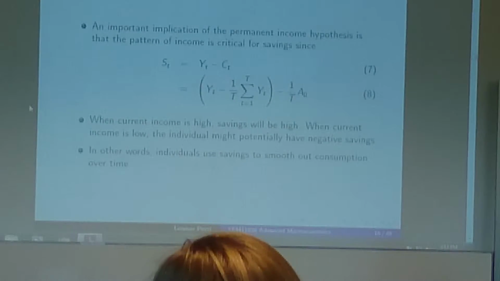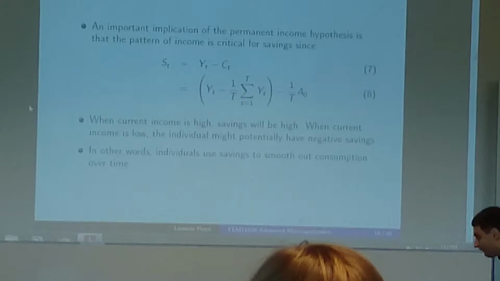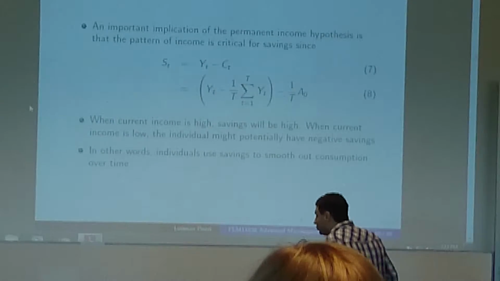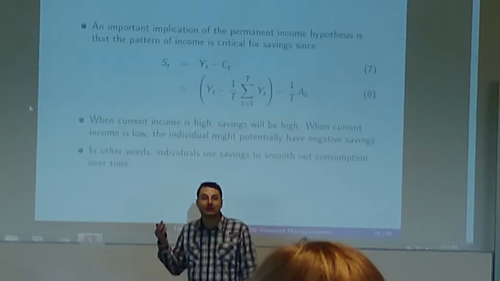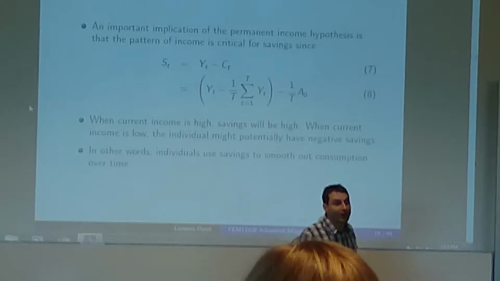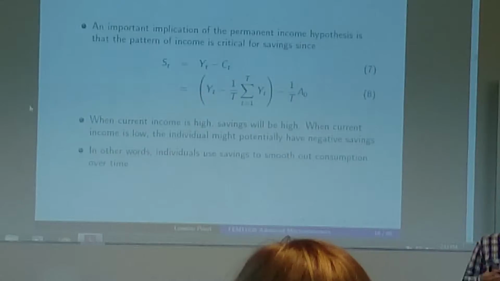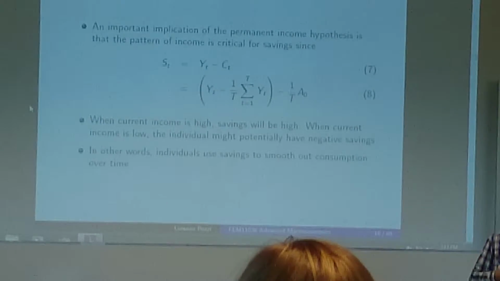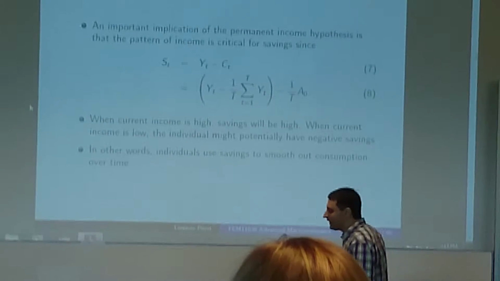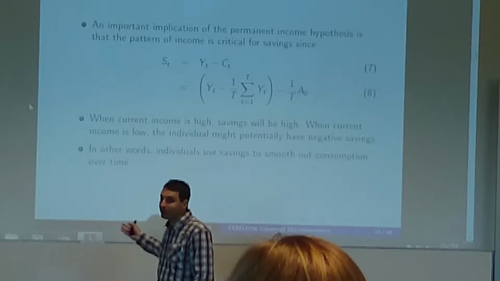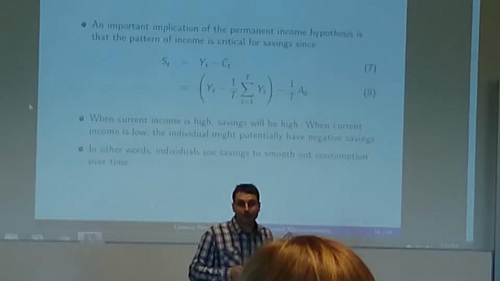And if they don't get credit when they want to borrow, that will make it hard for them to smooth consumption over time. In that case, the liquidity constraints case, people will be forced to base their consumption not so much on permanent income, but more on current income.